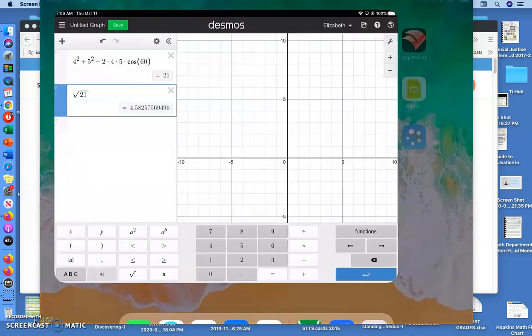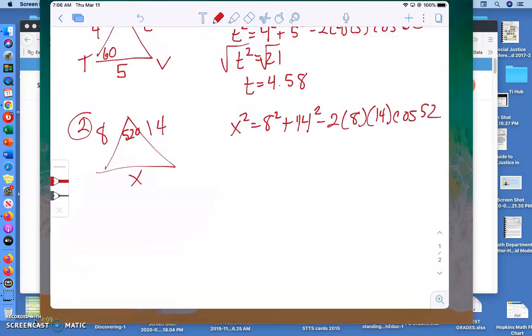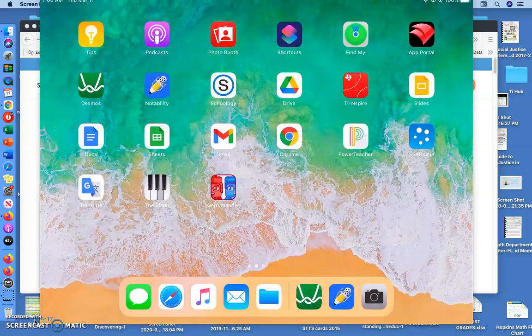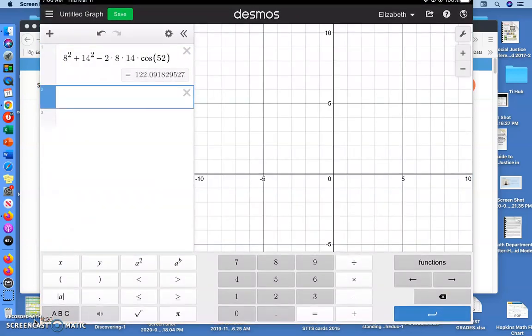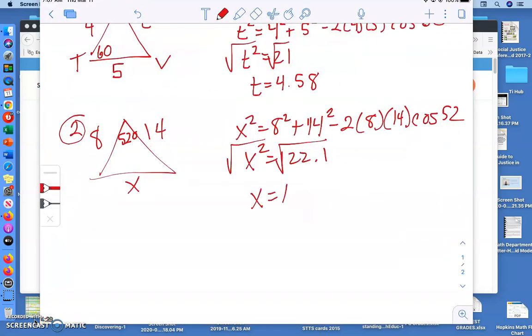Again, you can type this straight in, and you get 122.1. So x squared equals 122.1, but then we have to take the square root of it, and we get 11.05. As you can see, it's pretty easy to use.